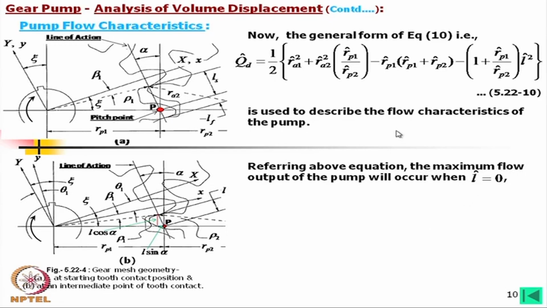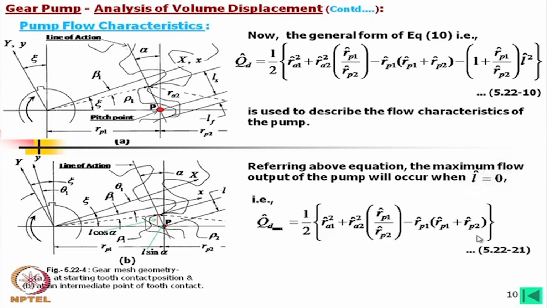Now we are trying to find out when the maximum flow will occur. If we examine this equation, when L is equal to 0, there will be the maximum flow. Simply putting this 0, it is expressed by q d max, and we find in equation 10 that this term is simply not there.